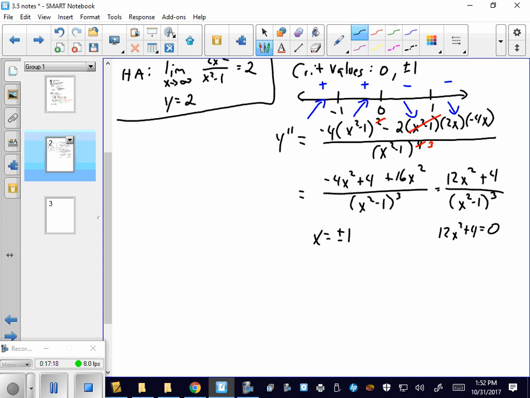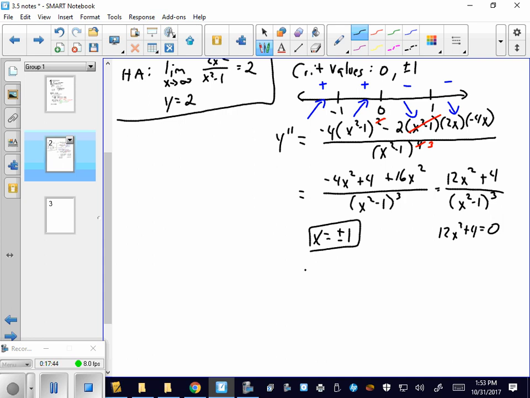Plus 4 is positive. So the numerator in that case is never going to equal 0. So really, x equals plus and minus 1 from the denominator is the only place where I could have, like I said, basically critical values for your second derivative, even though they're not really called critical values. It's potential locations for inflection points. But that's where the concavity could change, so we have to plug those in.